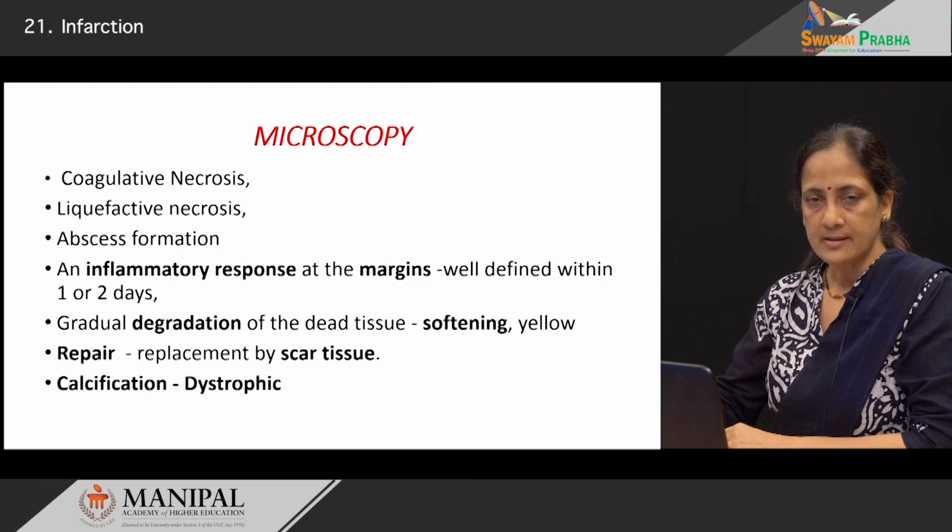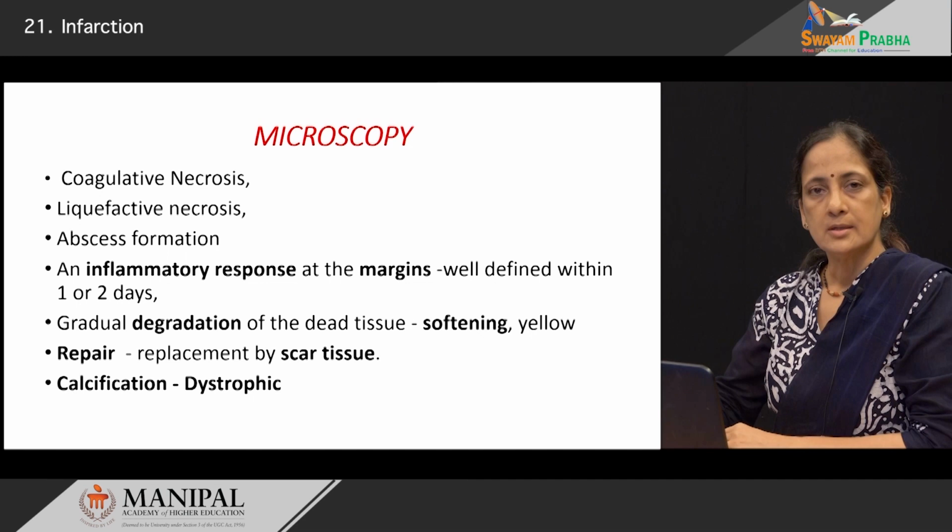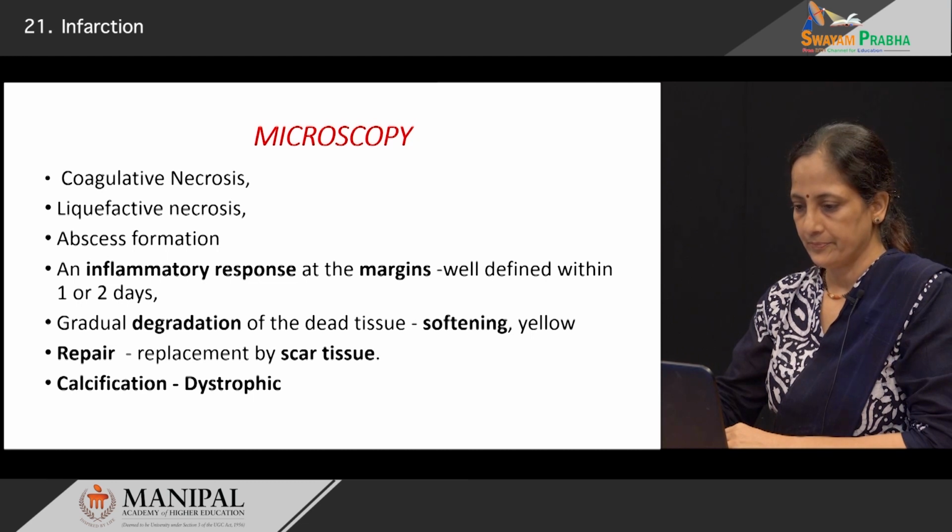Fibroblasts enter the area and lay down collagenous tissue. This forms scar tissue which is then remodeled over the next few weeks to months to result in a more stable scar. When such scars are present for a prolonged period of time, dystrophic calcification can result and that area can become very hard.